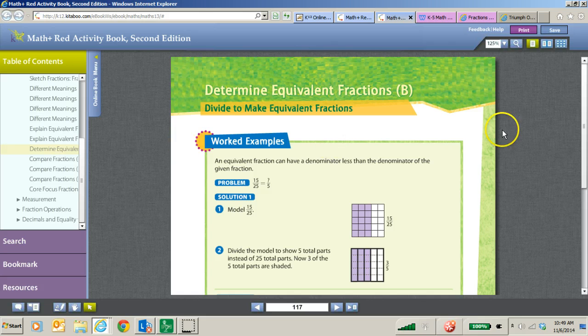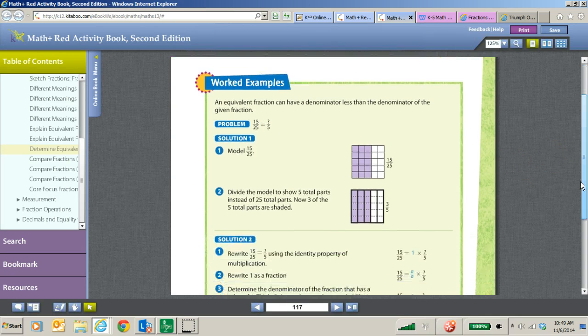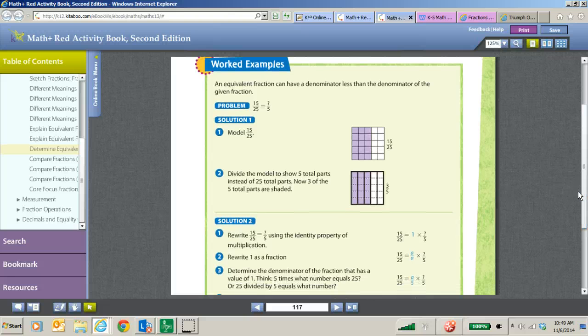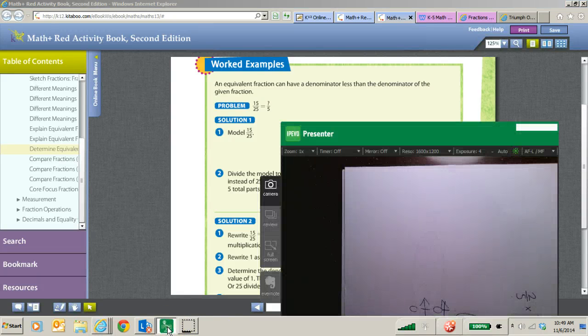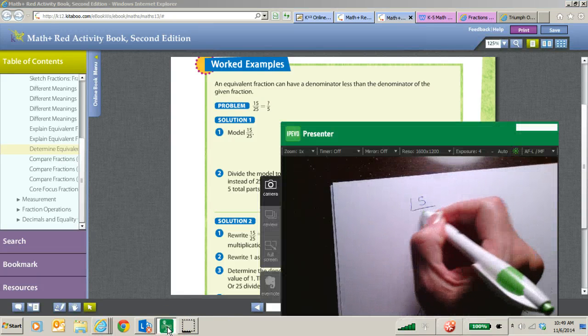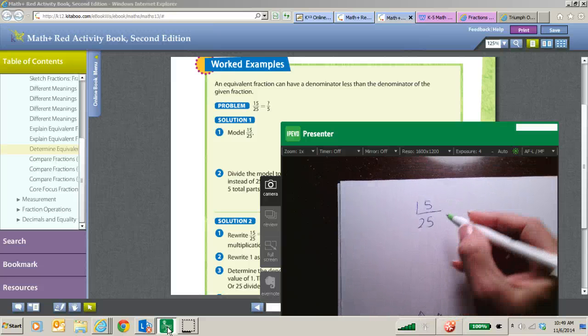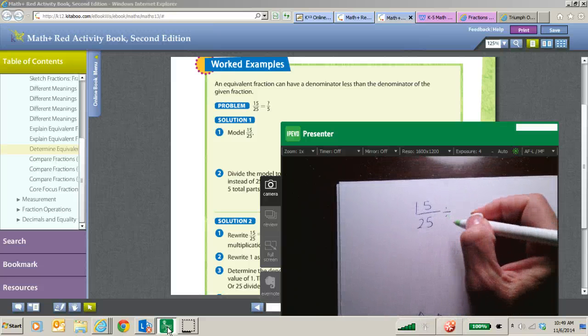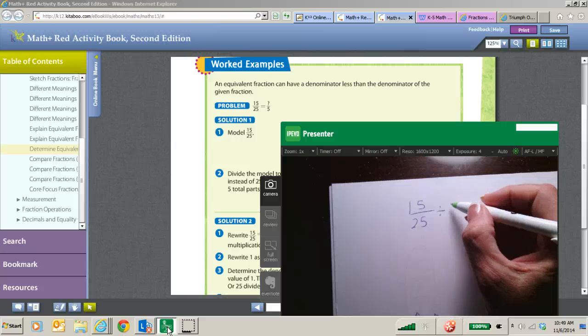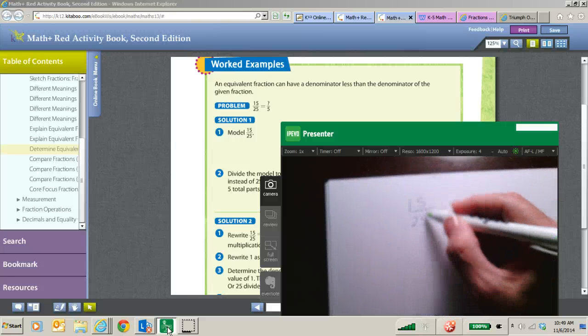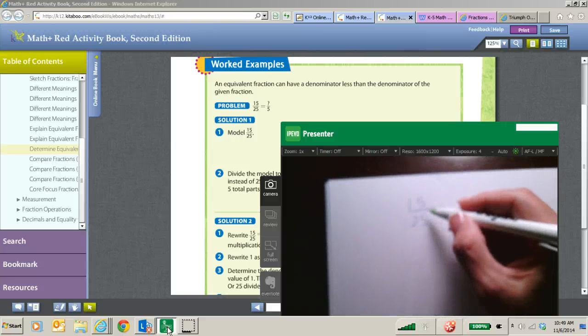And then here is one that talks about the area model, and these are larger fractions. You probably will not see fractions this large, but what I will show you, again with my document camera, is if you're given something such as 15/25, we can not only multiply, we can also divide. I know that 5 will go into both of these numbers.